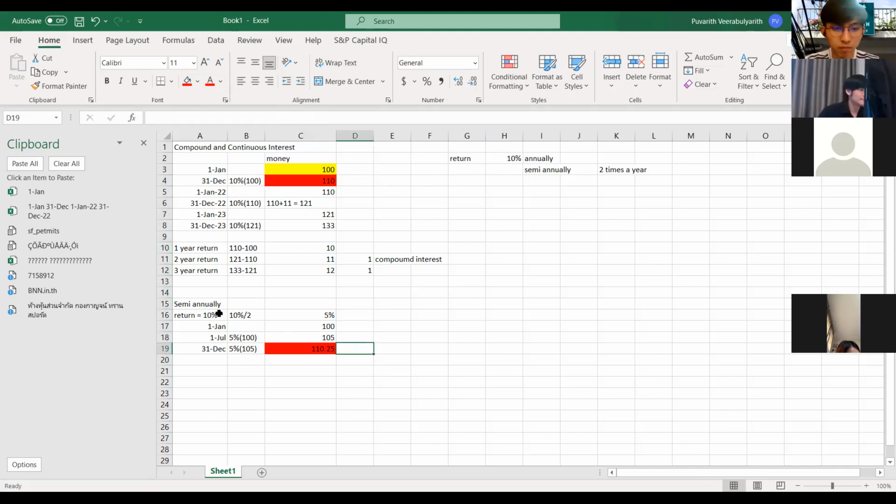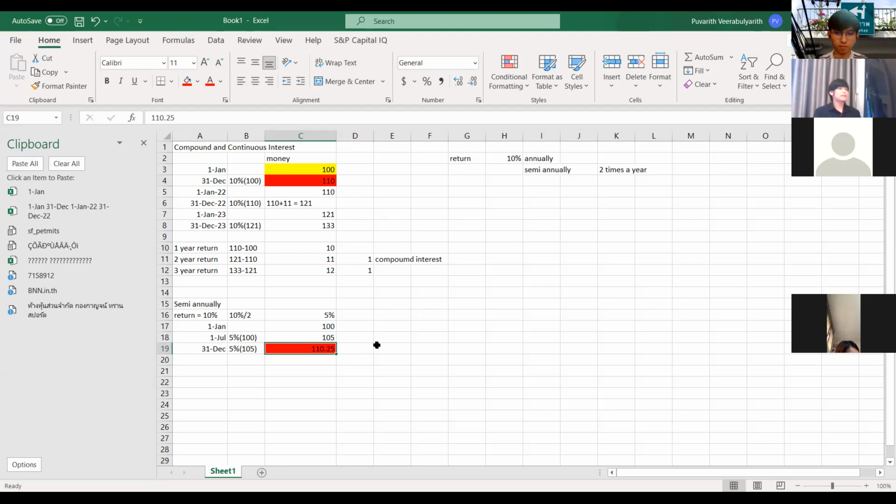And if you get semi-annual returns, you will have more money at the end of the year. Or in other words, you will get a higher return if the bank gives you more frequent returns. Or if they give you quarterly, 4 times a year, instead of semi-annually, you will get higher than 110.25.